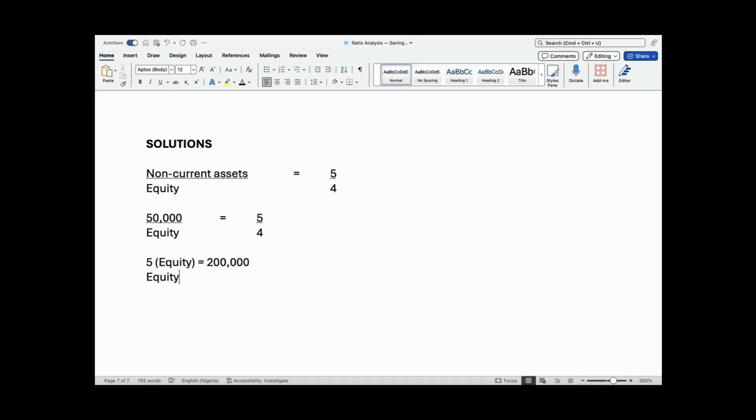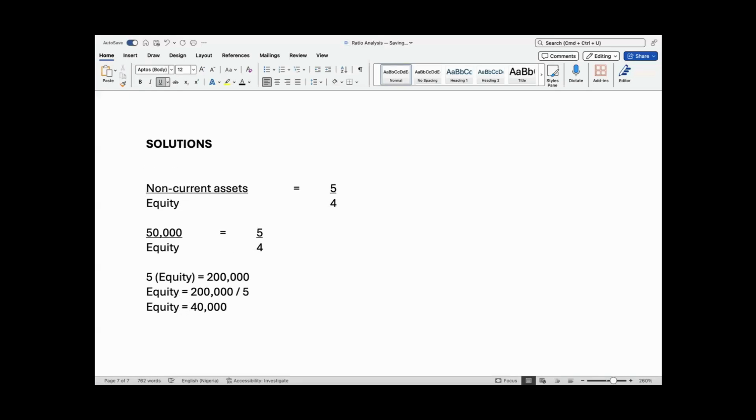Then my equity will be 200,000 divided by 5. Divided by 5, yes. So that's how much? That should be 40,000. So that means I've solved for my equity. So let me show this as workings.